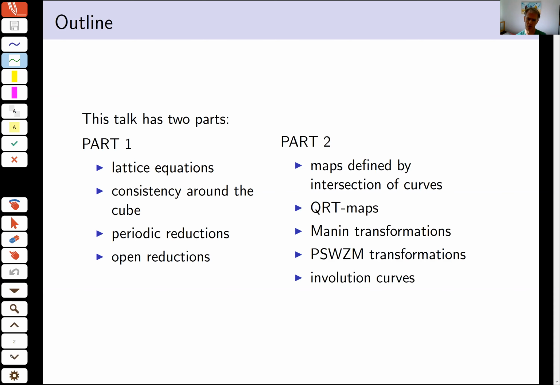I will give a quick overview of what QRT maps are, Manin transformations, and generalizations of that. In particular, there's one mapping that we found through open reductions, which led to a new type of Manin transformation with involution curves. So that's an overview of what I'm going to talk about, and let me get into part one.